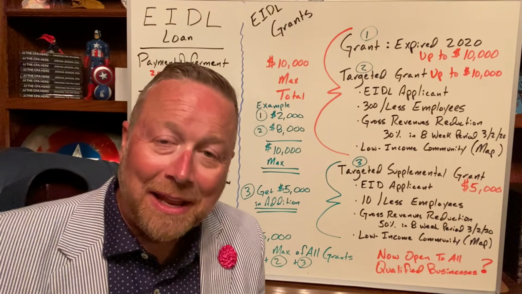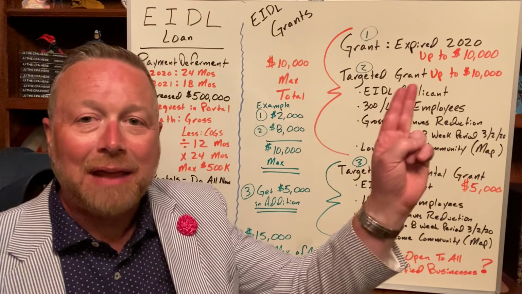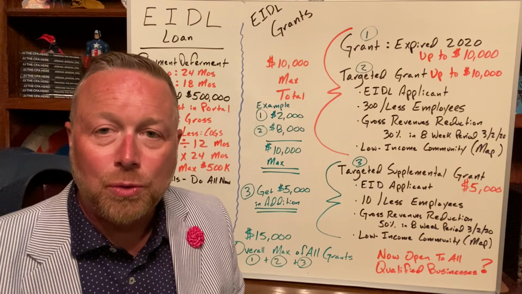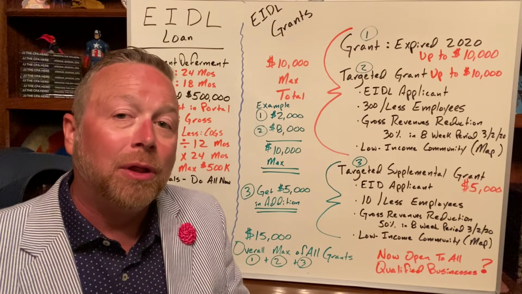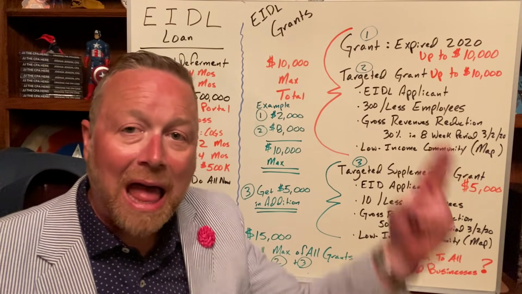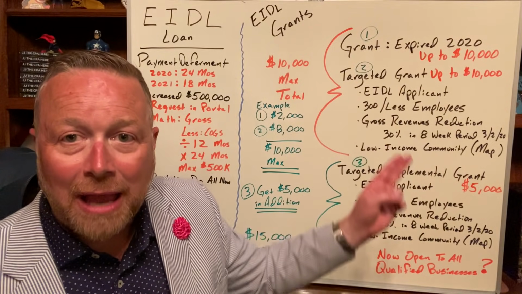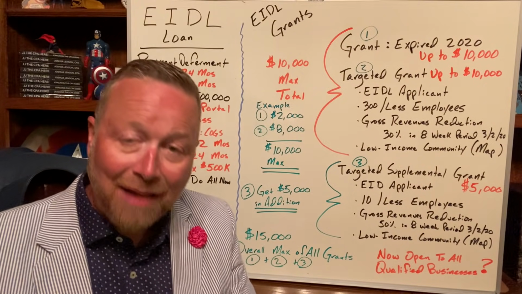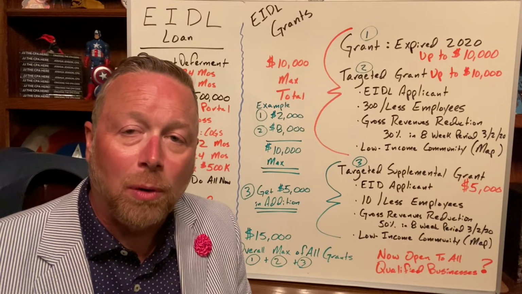It doesn't mean anything to you because you cannot apply for these until the SBA invites you to apply. So if you get the email inviting you to apply, you have to meet the qualifications of the targeted grant or the supplemental targeted grant. Well, then go ahead and apply for it if you need it. And then, of course, you'll have to qualify for it.